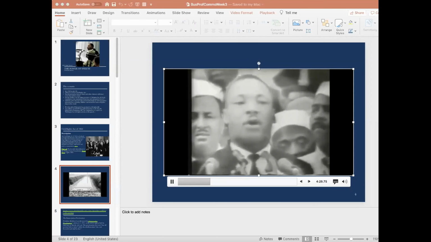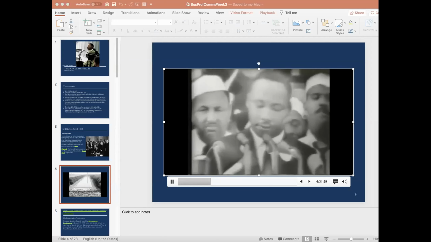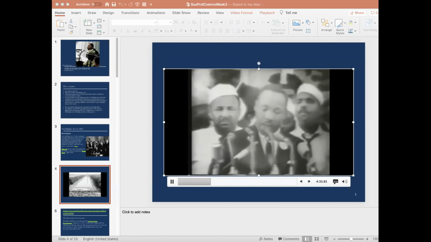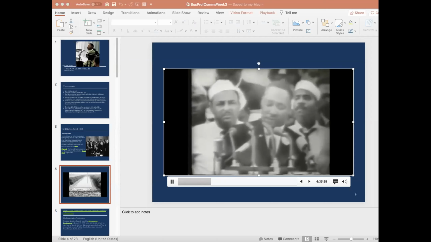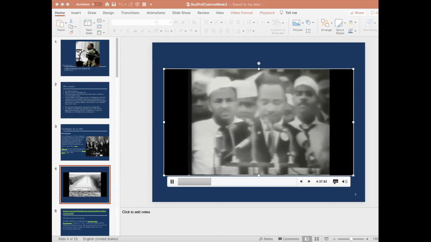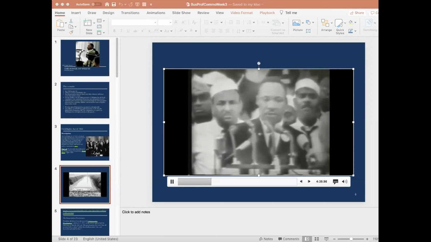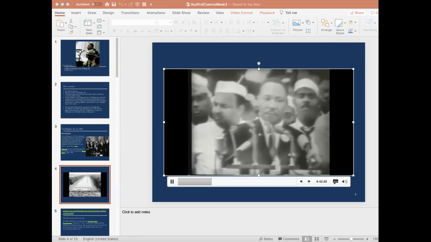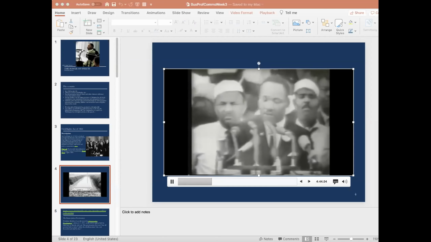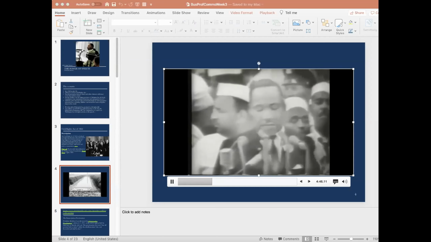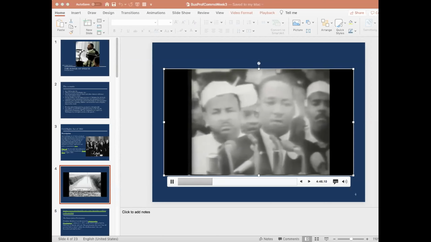We have also come to this hallowed spot to remind America of the fierce urgency of now. This is no time to engage in the luxury of cooling off or to take the tranquilizing drug of gradualism.